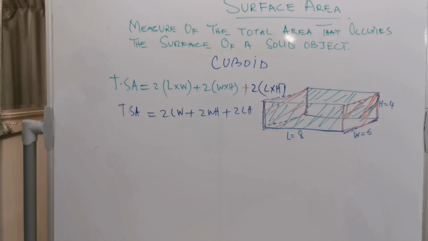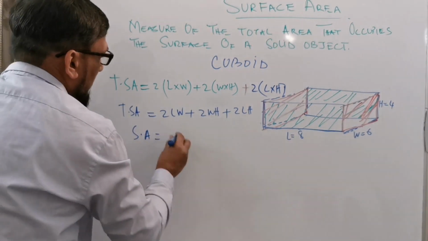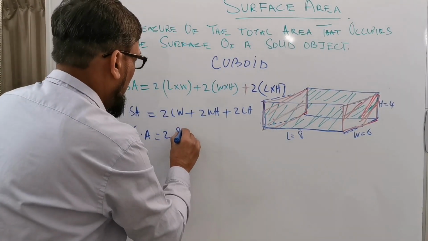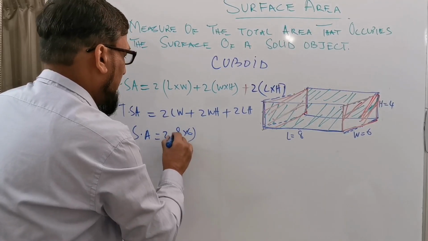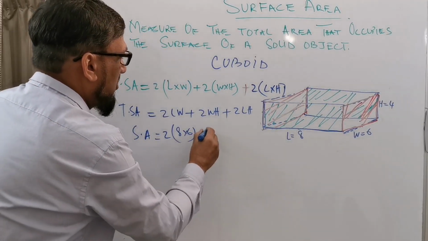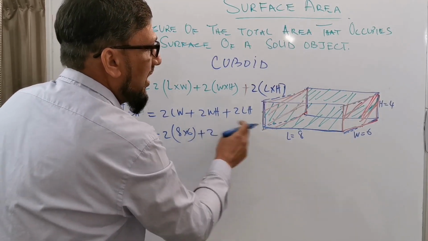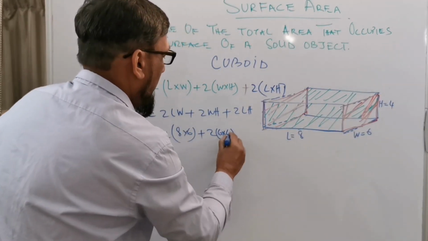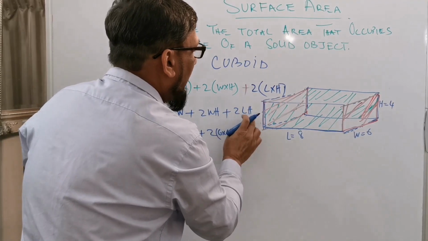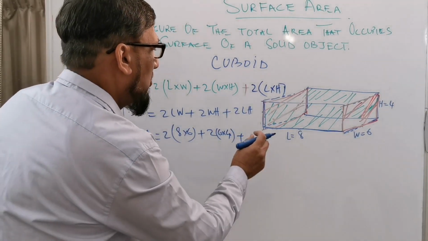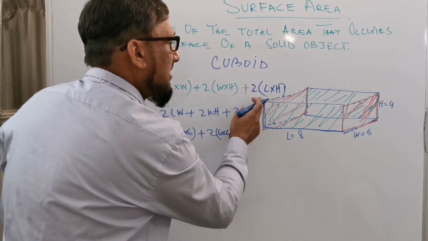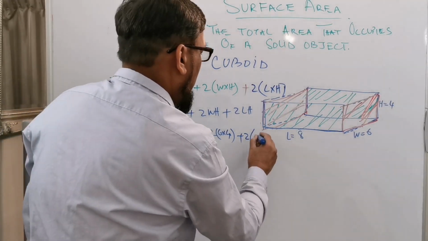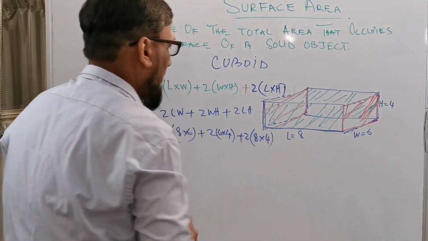So what we do: surface area for the cuboid. 2 times length times width, so 8 times 6, plus 2 times width times height, which is 6 times 4, plus 2 times length times height, so 8 times 4.